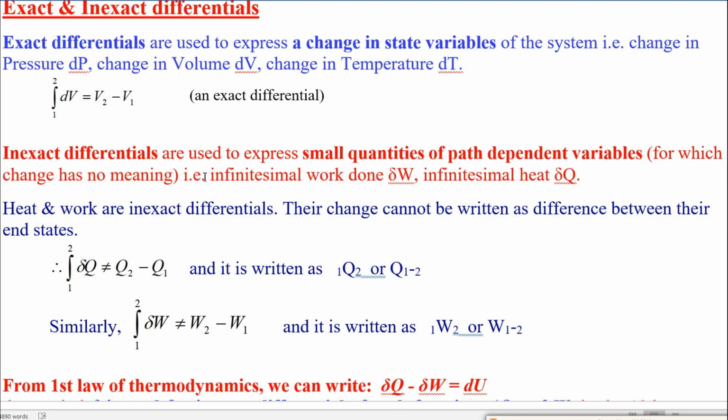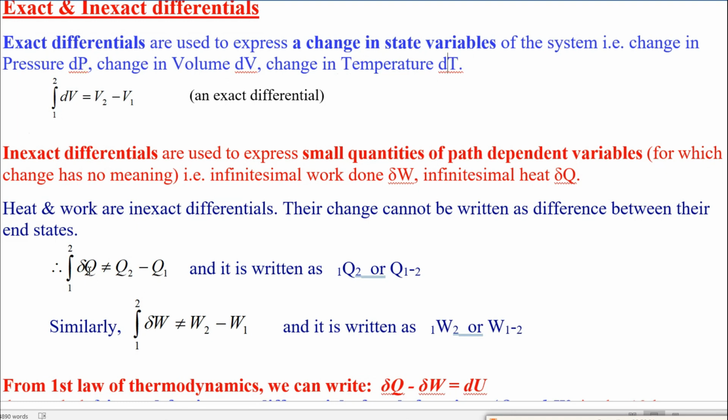Here we cannot say change; we say transfer of heat, transfer of work done. Here the term transfer is not used for volume; it is change of volume, change in pressure and change in temperature.